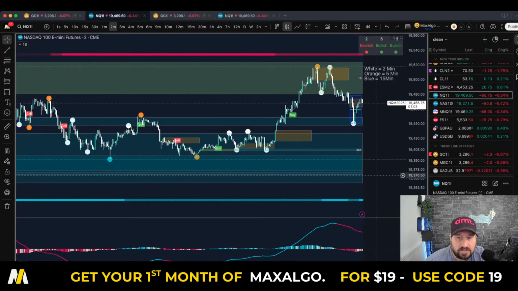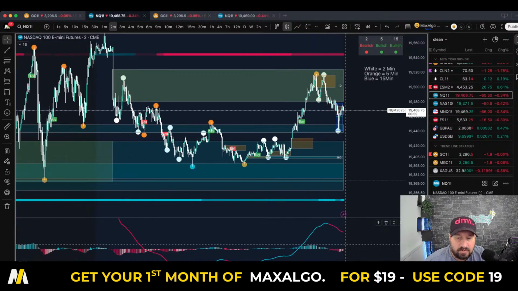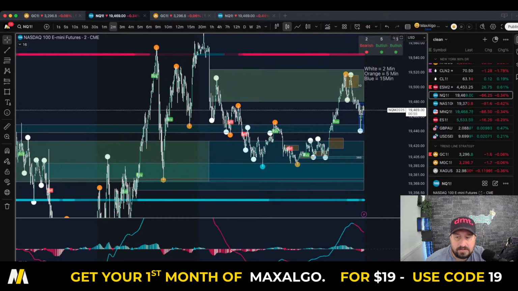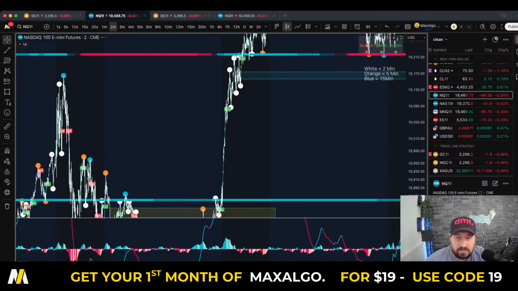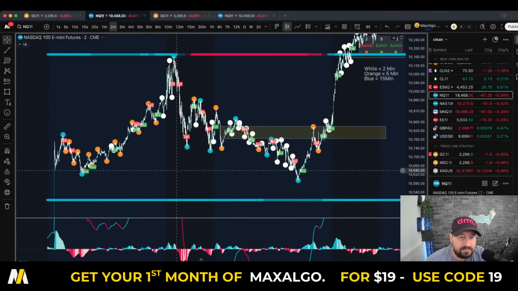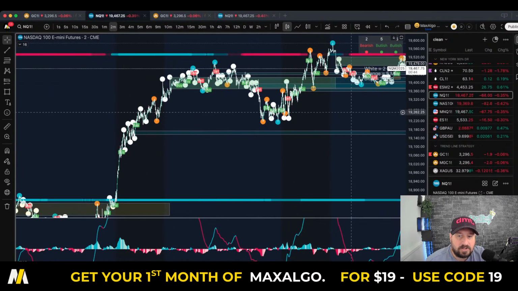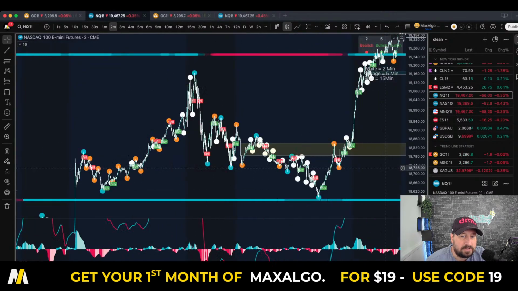So our market structure is bullish on NQ. We're above the zero line, which is bullish. We have been a little bit chopped because of how we've been moving up, right? Very strong movements up, and then a bit of chop. We made new highs, but there wasn't conviction in this high.